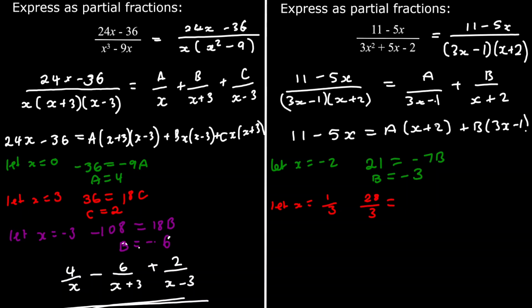And that will be 2 1/3, or 7/3 of a. So a must be 4. So we have 4 over 3x minus 1 minus 3 over x plus 2.